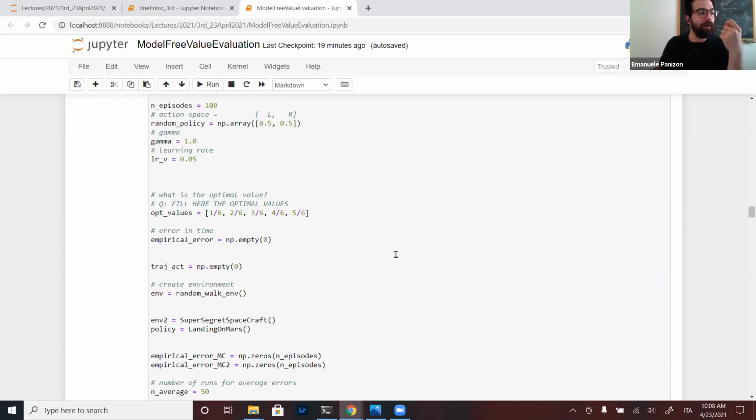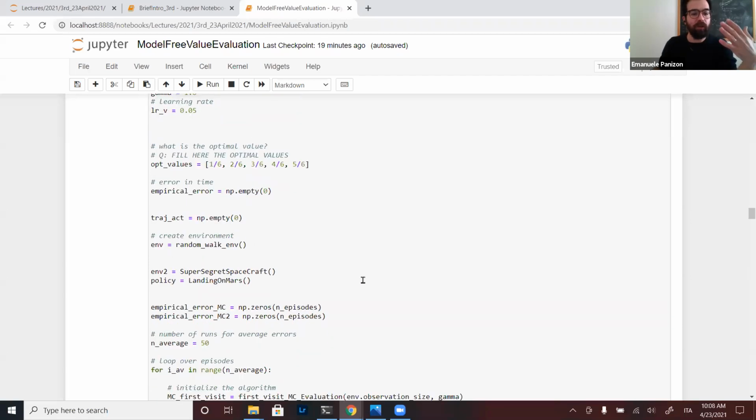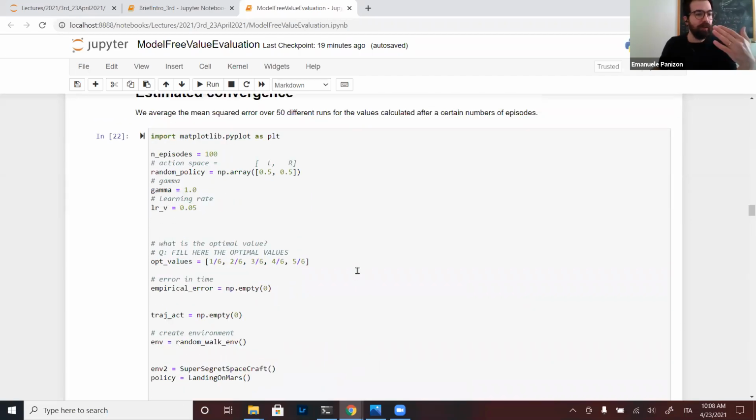is model free. What does it mean for this method to be model free? It means that they require only trajectories. We have done this very simple random walk environment with a very simple random policy, but this works. This small script I've shared with you works for any environment, any policy, as long as they are tabular in state and action space.